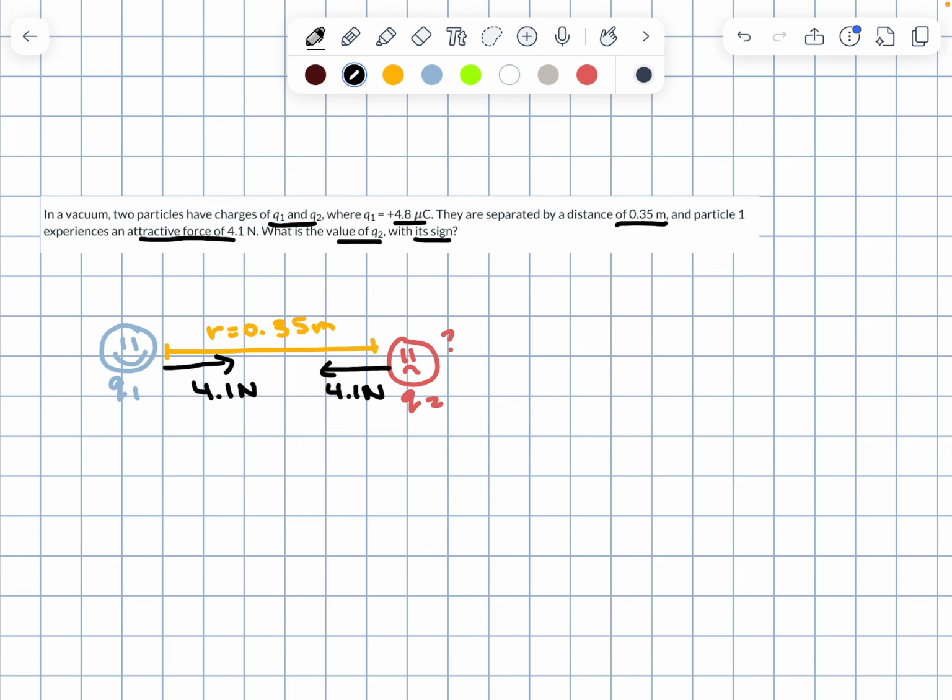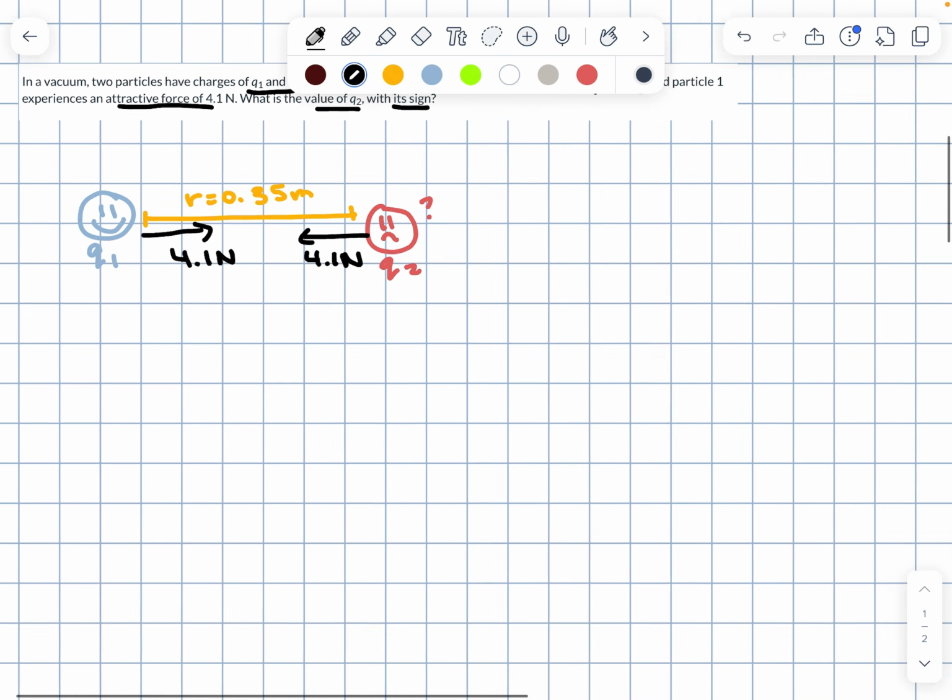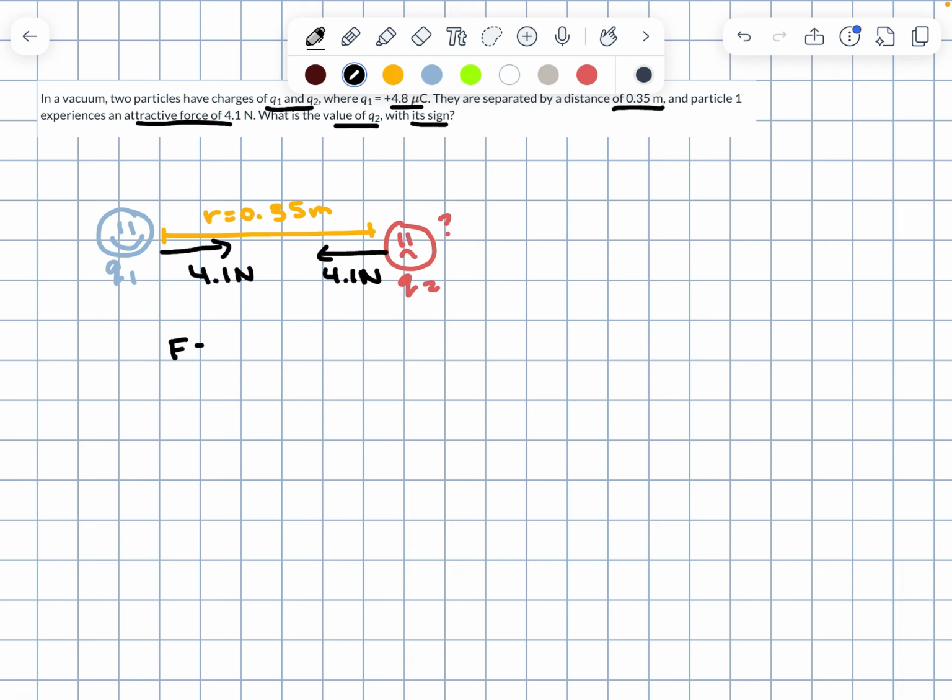So our goal here is to get the value of the second charge and its sign. I probably shouldn't have said that they're opposite, because we don't really know if that sign is negative yet. But we can find out its sign and its value by isolating Q2 in our Coulomb's law equation, moving the equation around so we can get that answer. So again, our Coulomb's law equation is force equals our constant times Q1 and Q2 over r squared.